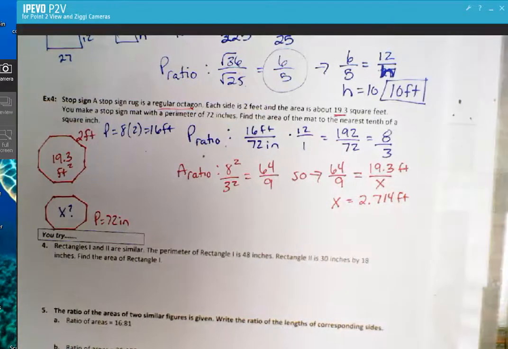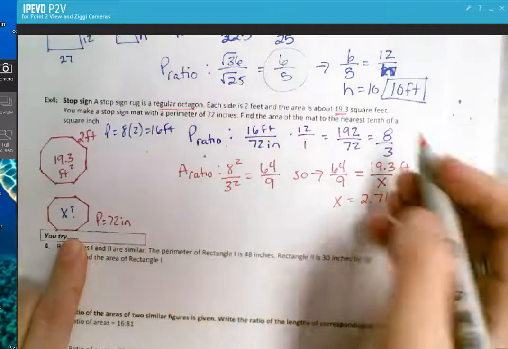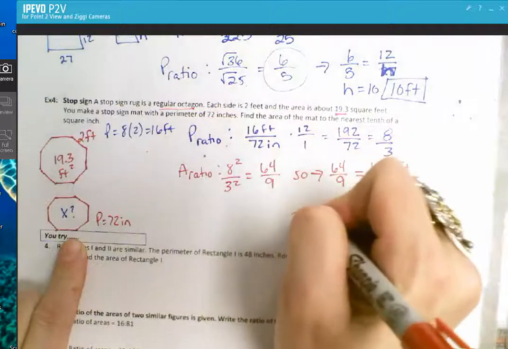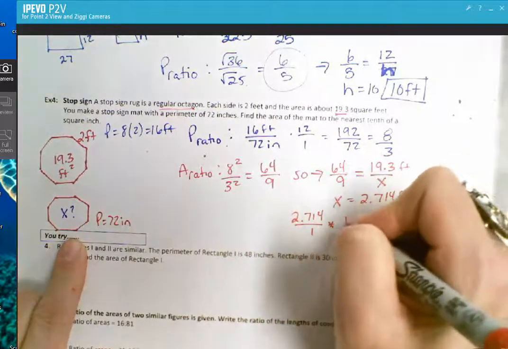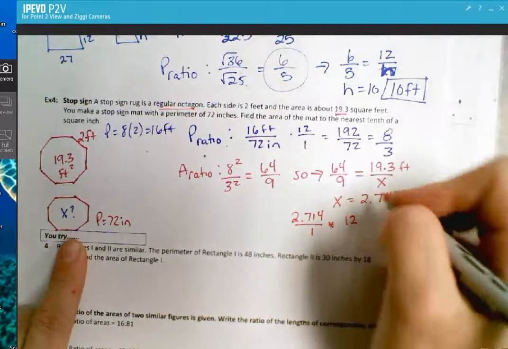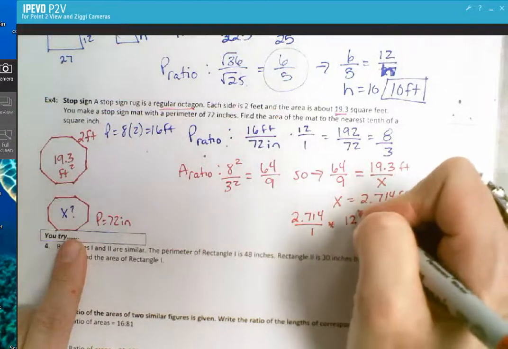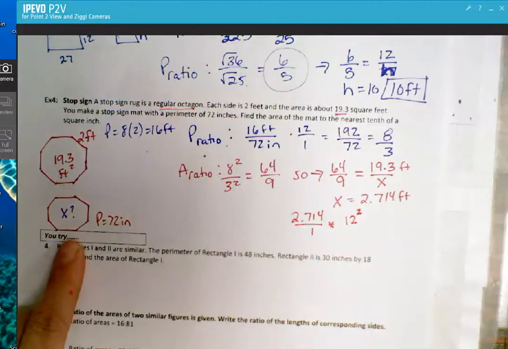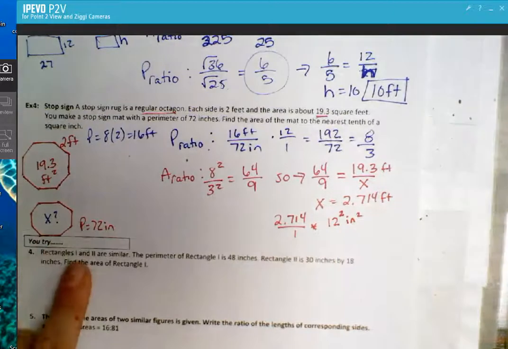I want to get that into inches, but I want it in square inches. So I need to take 2.714 over 1 times 12, that's 1 foot, but that's getting me into inches, so this is feet to inches, but I need it 12 squared, because I need inches squared.